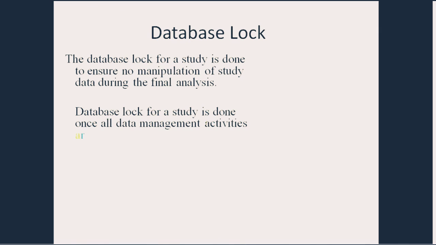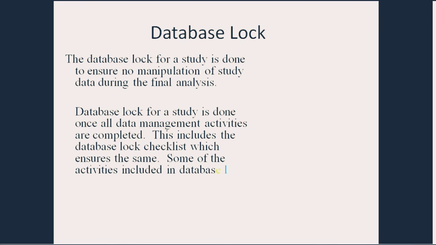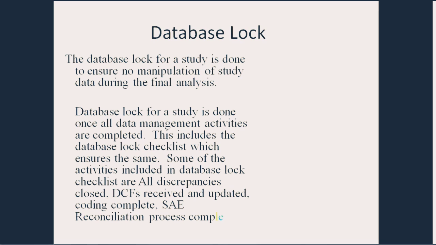It is done once all data management activities are completed. This includes the database lock checklist, which ensures the same. Some of the activities included in the checklist are: all discrepancies closed, DCFs or data clarification forms received and updated, coding completed, SAE reconciliation process completed, etc.